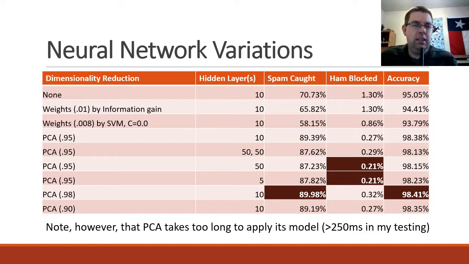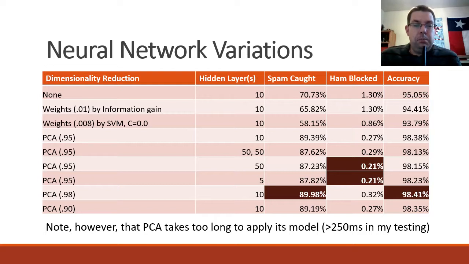And if I tried using weights from information gain or from SVM, it actually drops a little bit overall. Information gain ratio actually was terrible. I didn't include it because it thought everything was a true message and really failed completely.